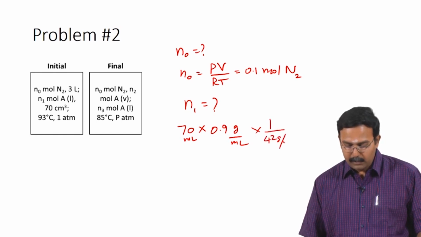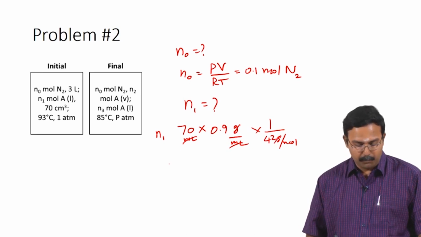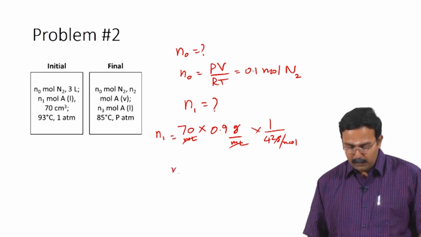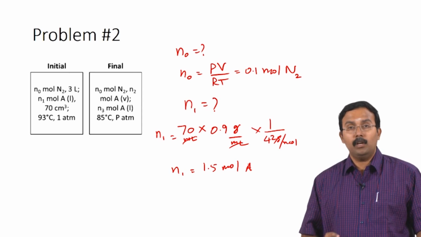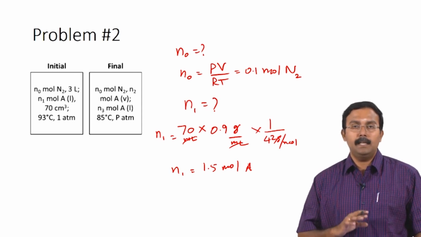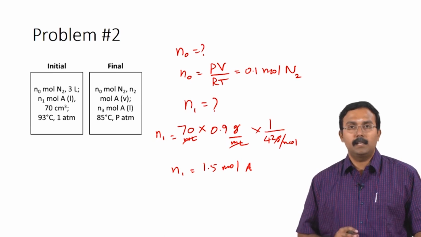Dividing by molecular weight, ml gets cancelled, grams get cancelled, and we end up with number of moles. So, N1 equals 1.5 moles of A. The total number of moles of component A present in the liquid at the initial condition would be 1.5 moles.